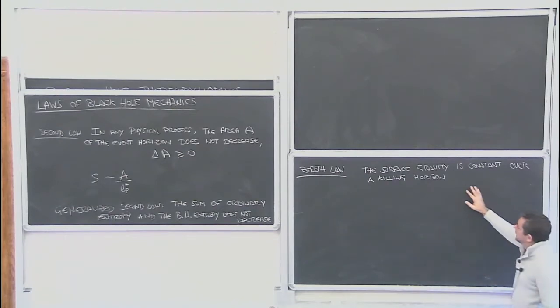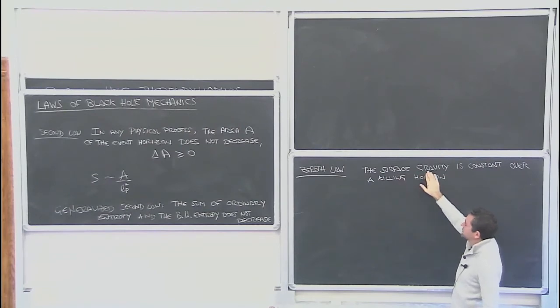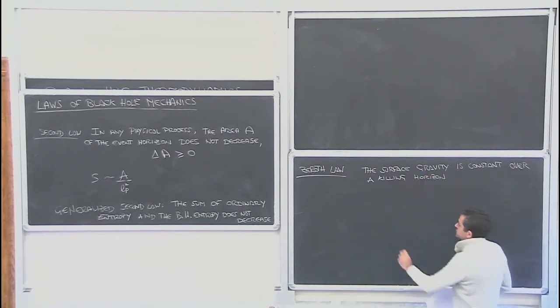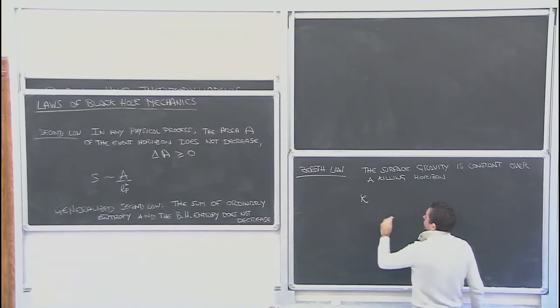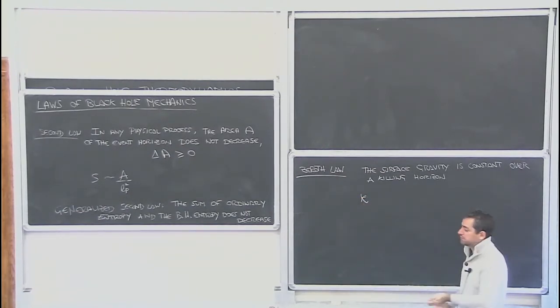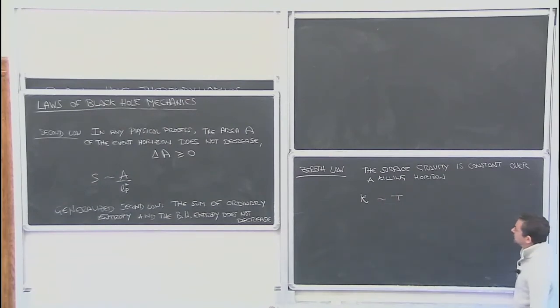So again, inspired by this, we make a connection between the surface gravity and the temperature. It could be an arbitrary function, but the easiest and simplest thing to say is that the surface gravity is proportional to some temperature.